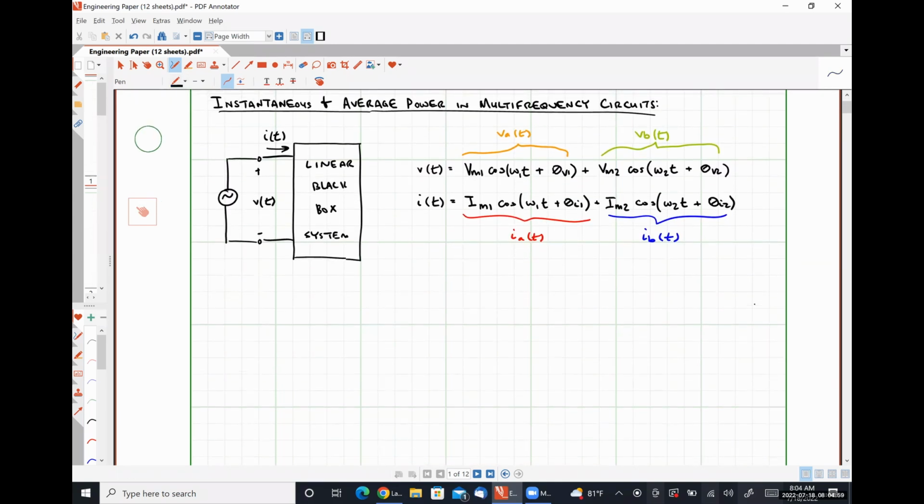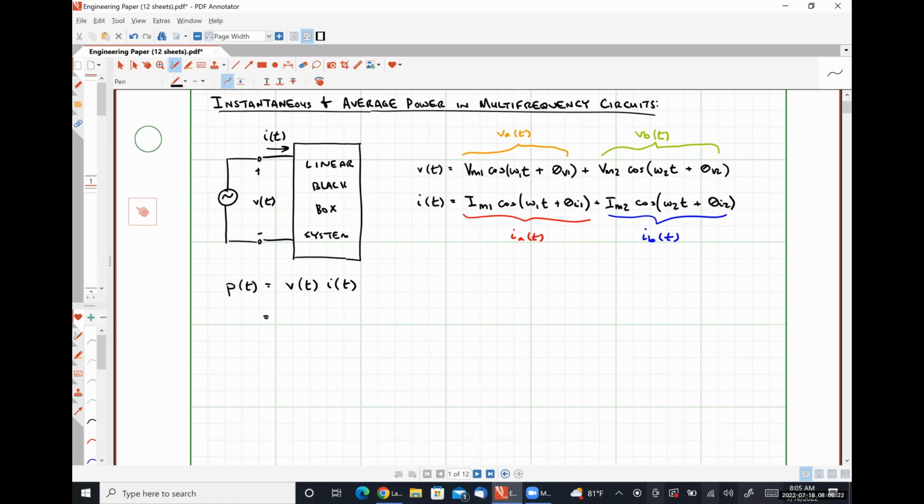The instantaneous power that's absorbed by our network, P of t, will be simply the product of the voltage waveform and the current waveform. So V of t times I of t.